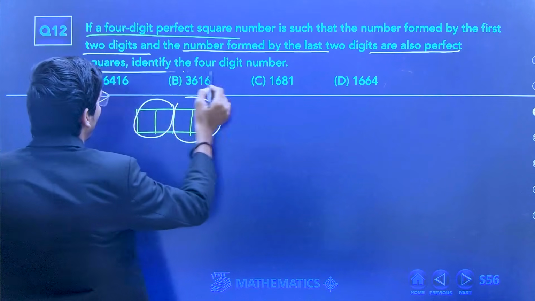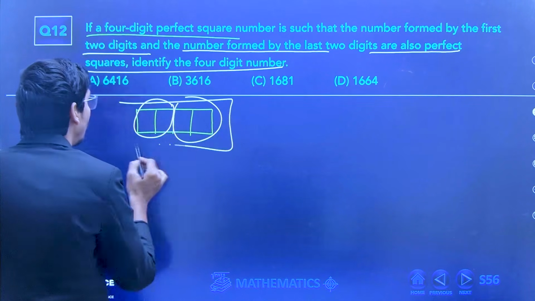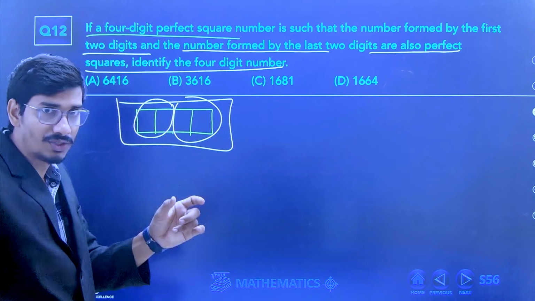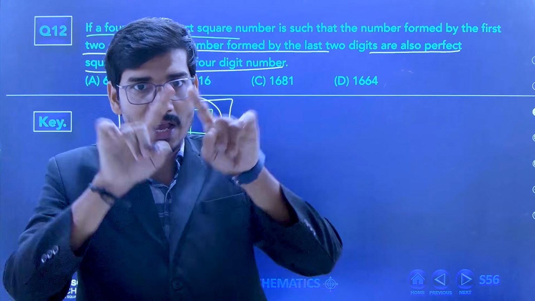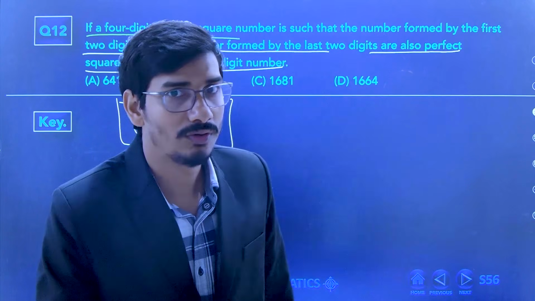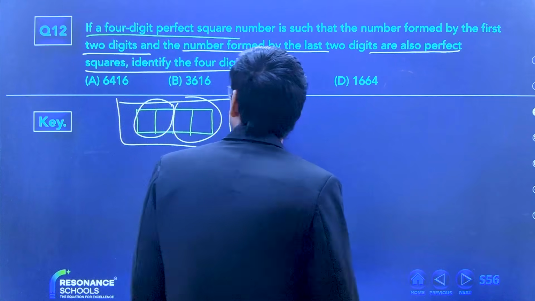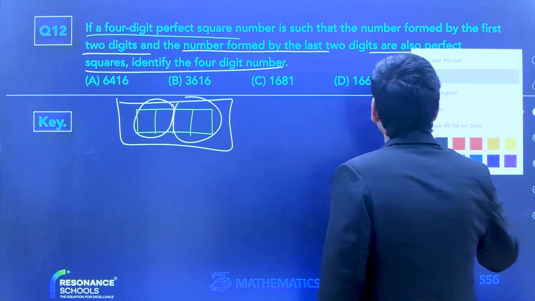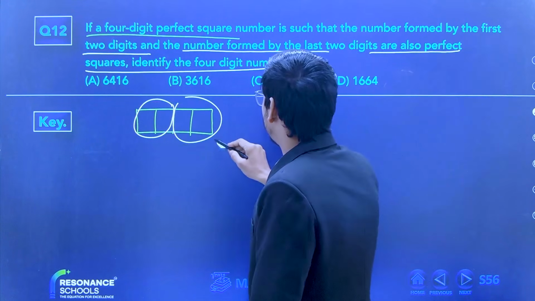Then in this case we have to find the number. According to this, which option is correct, beta?